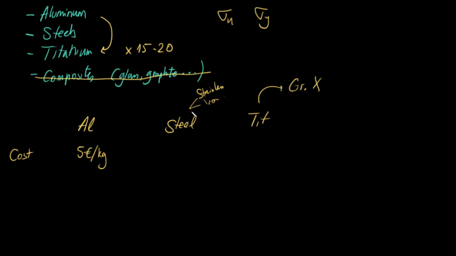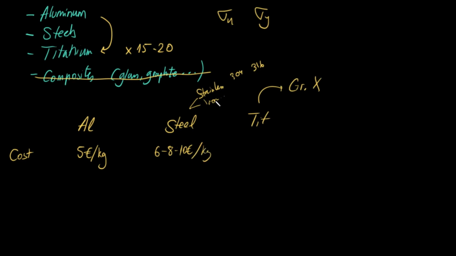Stainless maybe is around 6 to 8 to 10, depending. Inside stainless we have a lot of alloys: 304, 316, 300, but more or less this is the order of magnitude for stainless steels.